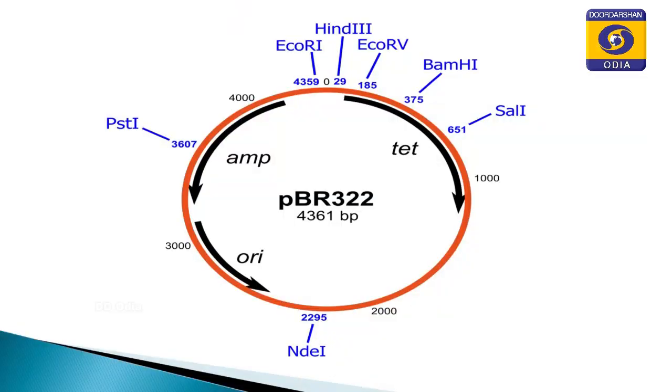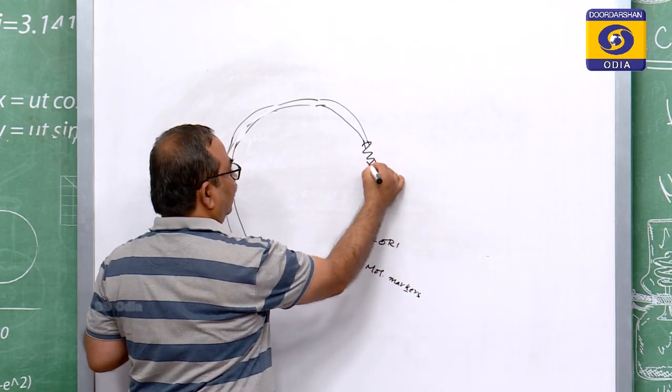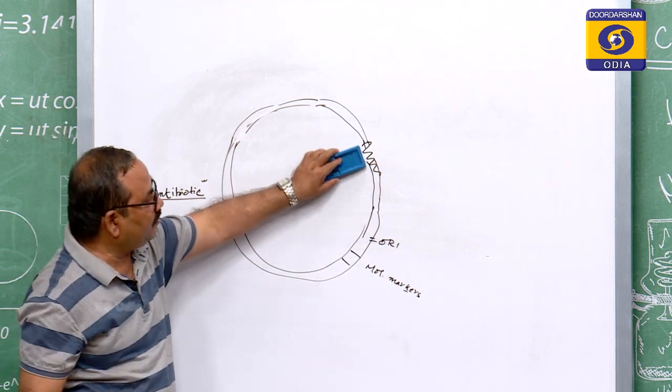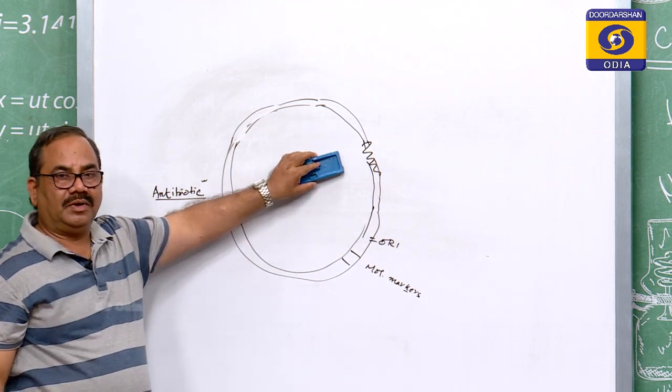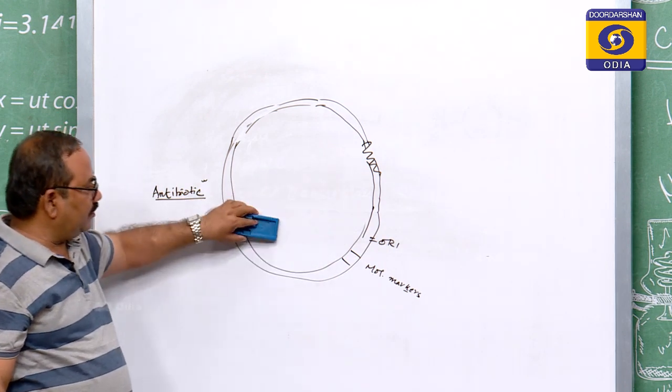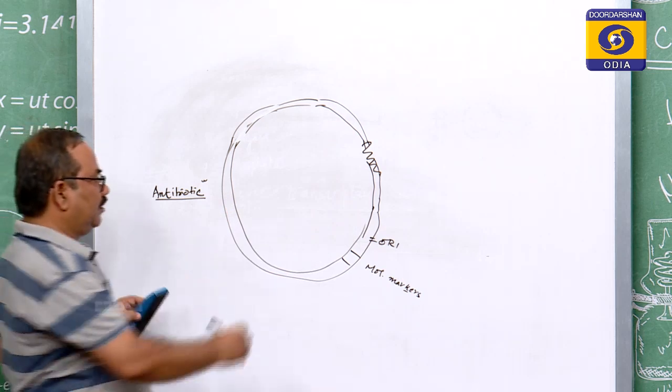And you can see here very well that there is a site AMP, the site that will have a gene which provides resistance to the antibiotic ampicillin. Now, suppose we are successful in introducing a piece of gene from a foreign cell, and then we transfer this to another bacterium.